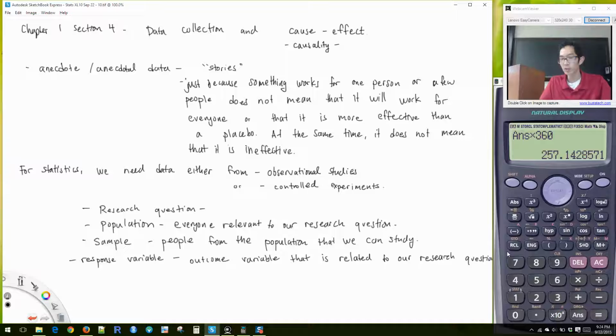So with my diabetes medicine, because my research question was, is this drug effective in controlling blood sugar for diabetic patients? The response variable would be, for each individual person, did it control blood sugar or not?